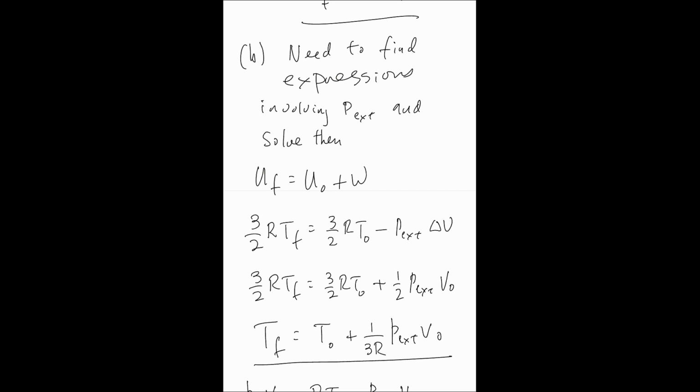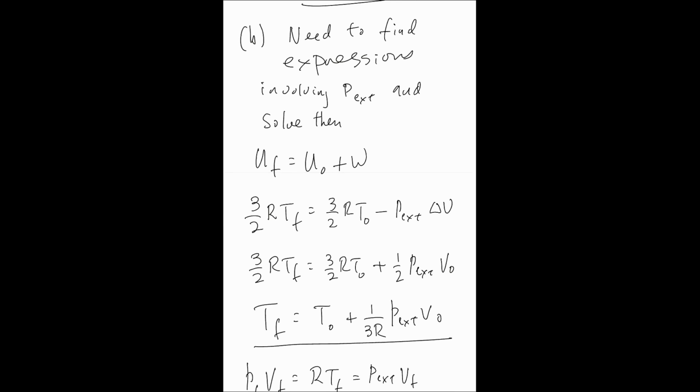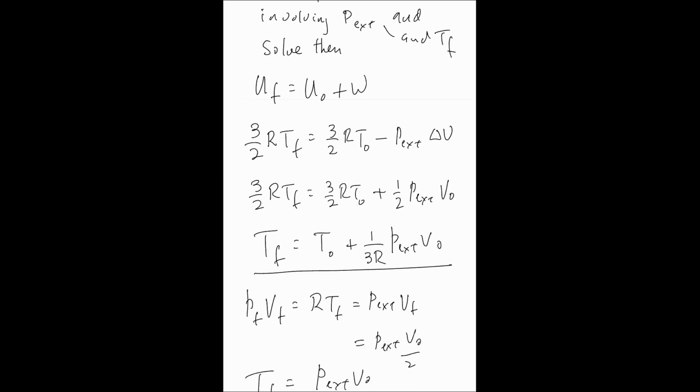Okay, so we need to find expressions involving P external and T final, and then solve them. We know, because it's adiabatic, the final energy is going to be the initial energy plus the work we do.